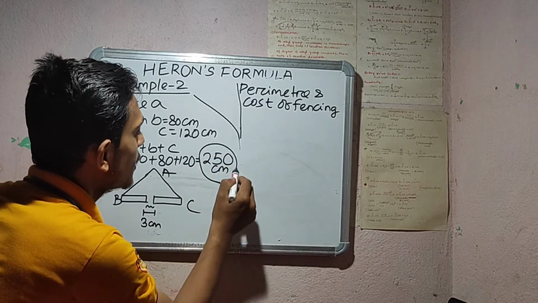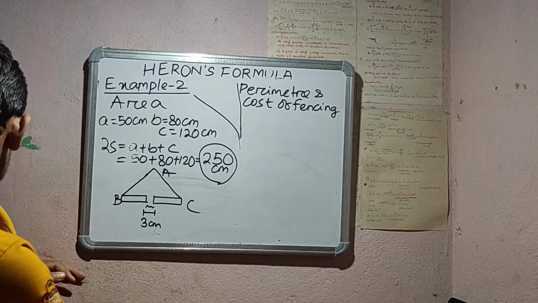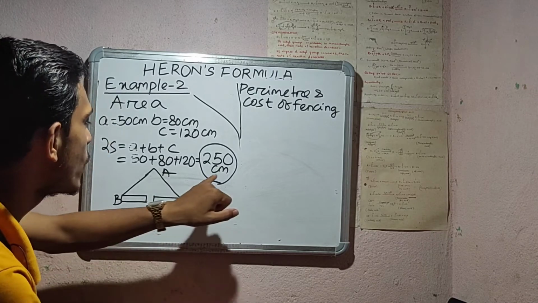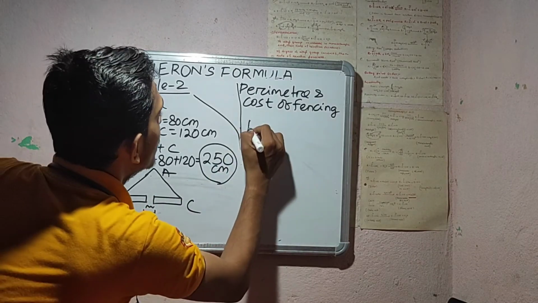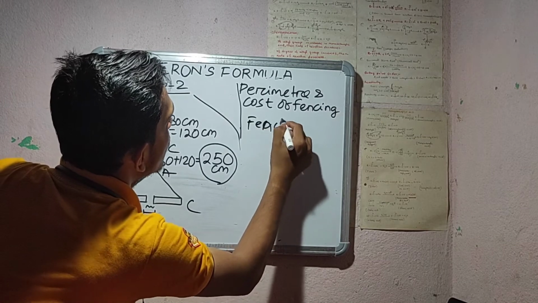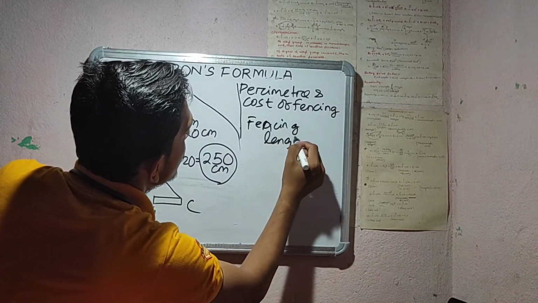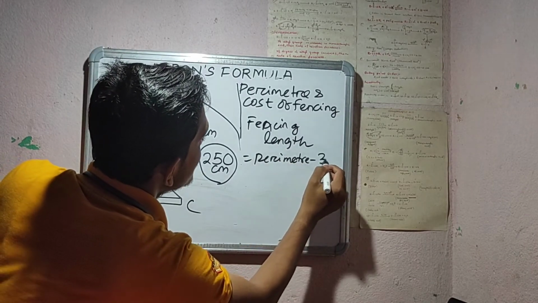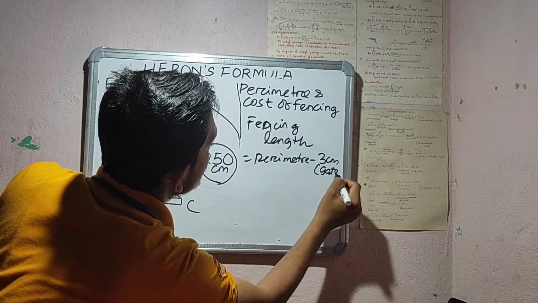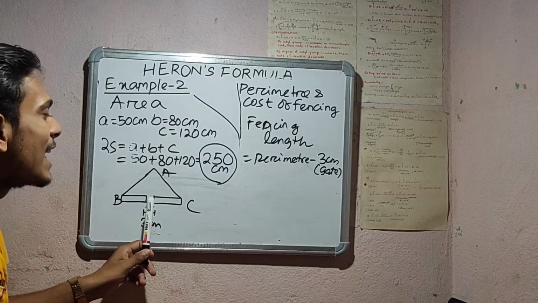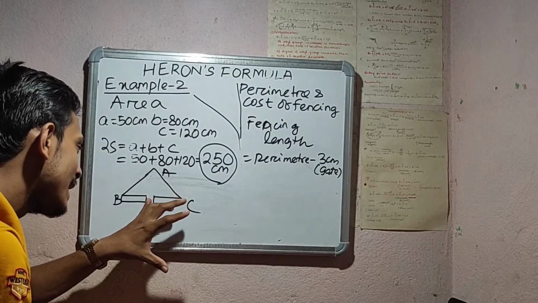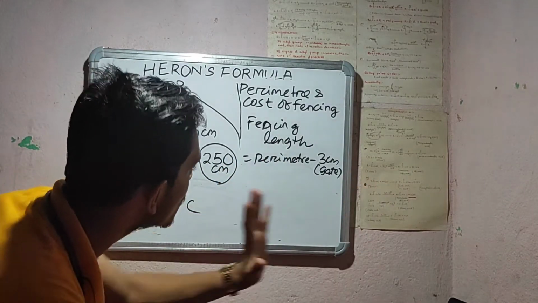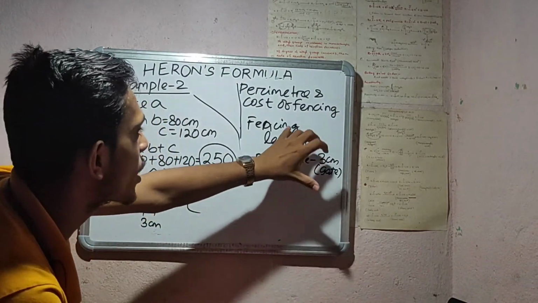This is your perimeter, but this gap is not fenced, so we have to subtract it to get the fencing length. The fencing length is the perimeter minus 3 centimeter, the width of the gate. This part is not fenced, so we reject it from our fencing length.